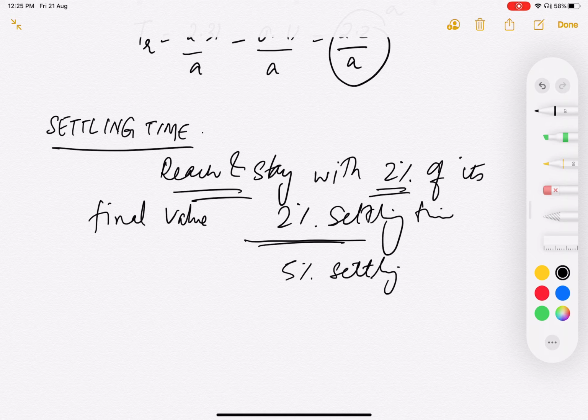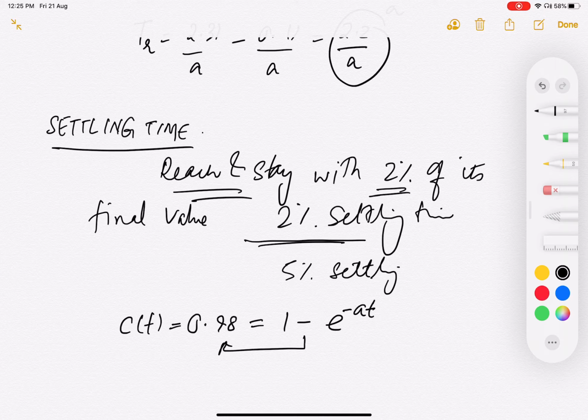So C(t) has to be equal to 0.98 for the first time, right? And you can equate this to 1 minus e to the power minus at, and once you do this and solve for t, you will get the settling time to be equal to 4 by a.